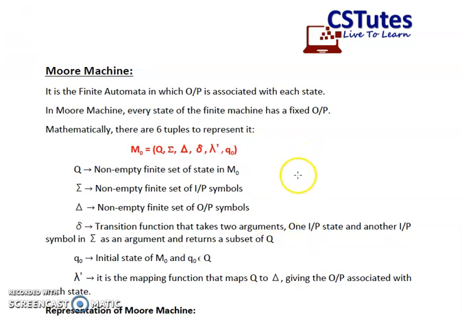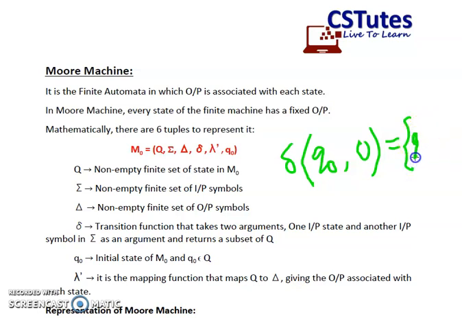So according to the example, delta is the transition function and it takes two arguments. The first one is the input state. Let's say we are currently on the state Q0 and we are reading an input symbol, for example 0, and we are moving to a next state that is our Q1, and it is represented in the form of a set.